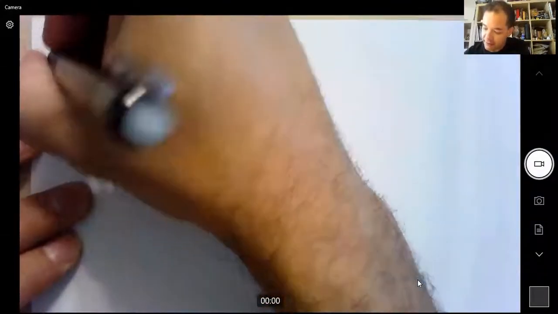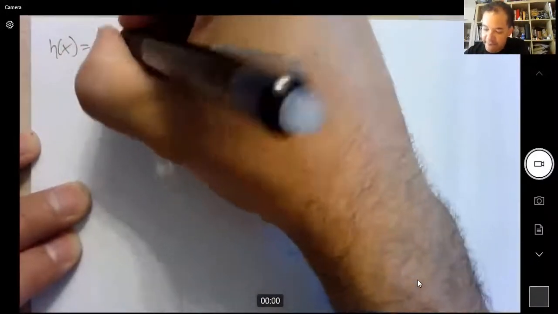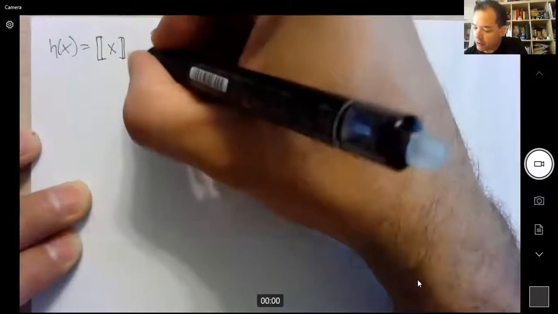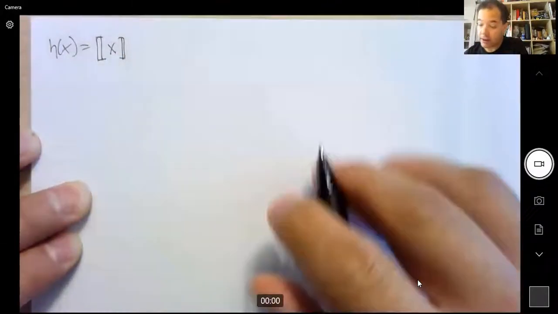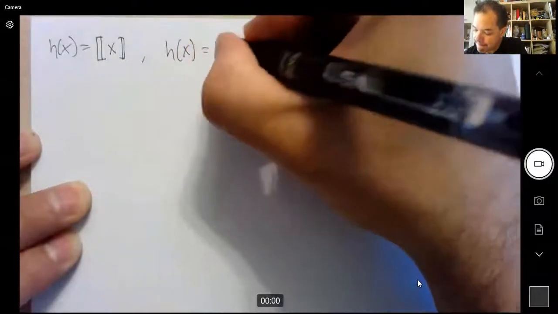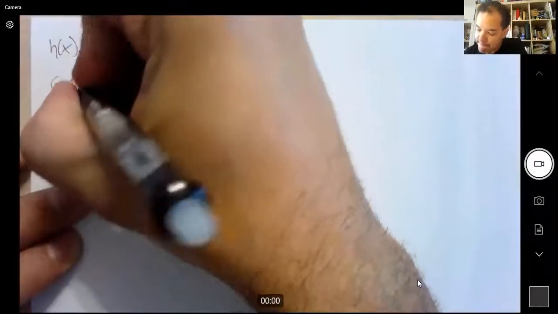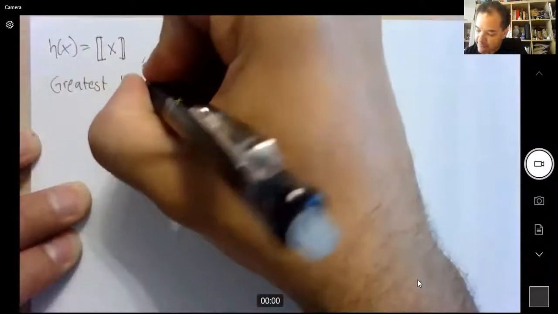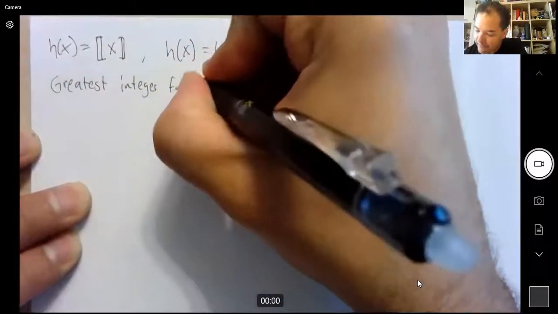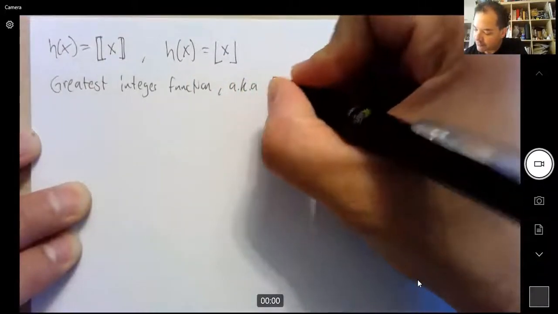The book calls it h of x and denotes it this way. But in other books, maybe you've seen it before, and then it's also denoted this way. And it's called the greatest integer function, also known as the floor function.